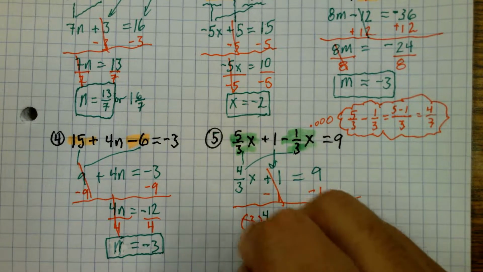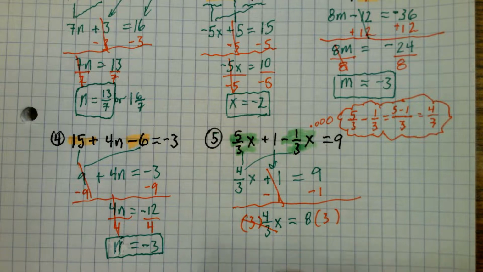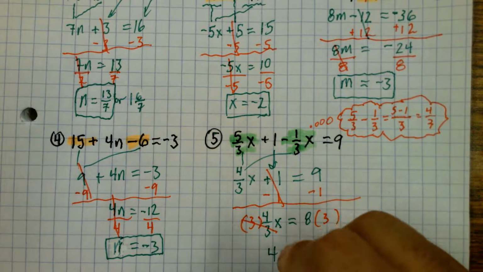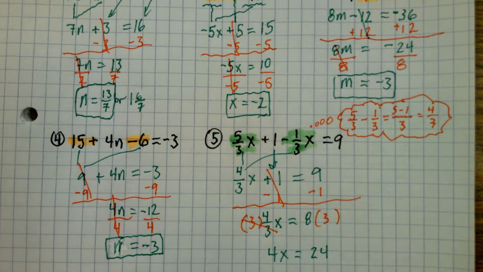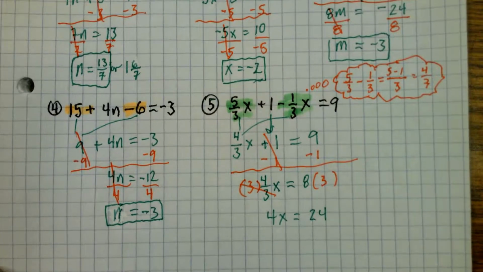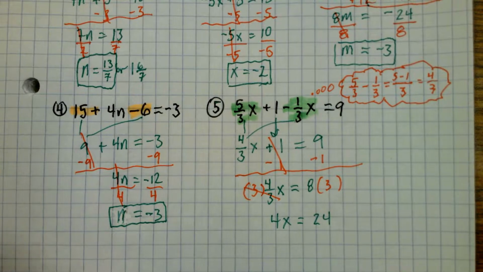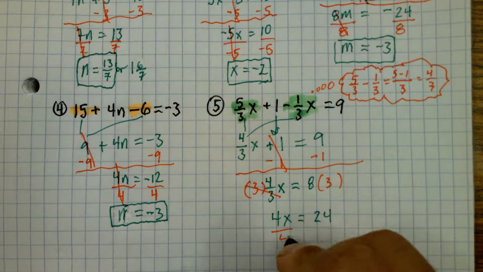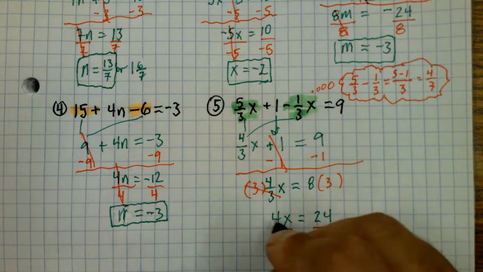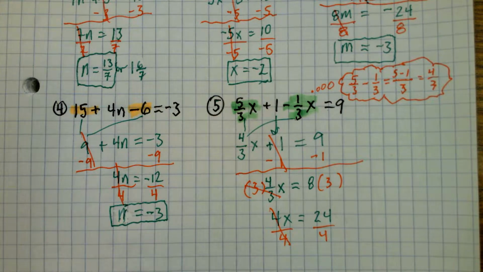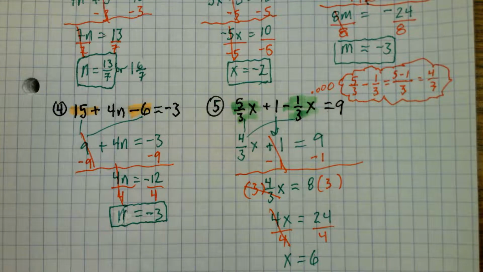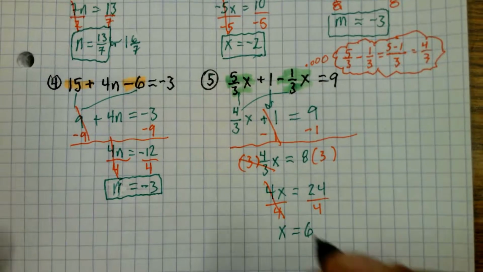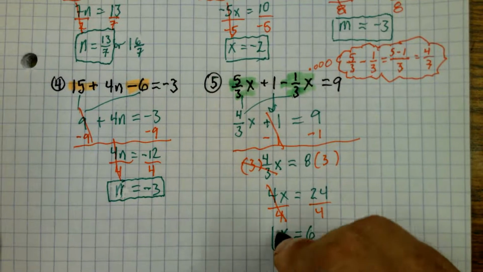Yeah, we've done enough of these to remember that. So now it's 4x equals 24. 8 times 3 is 24. And then let's divide by 4. It's 6. Okay. So in the end, we get 6.